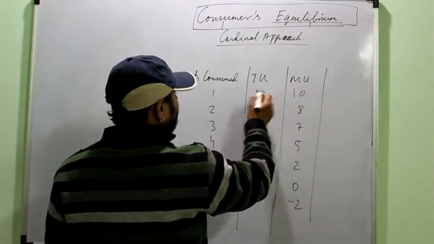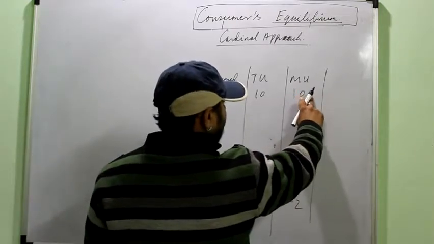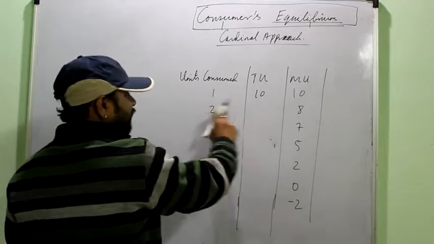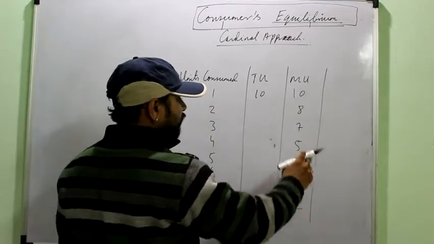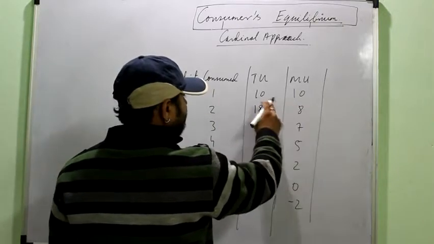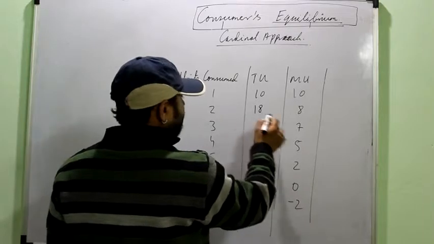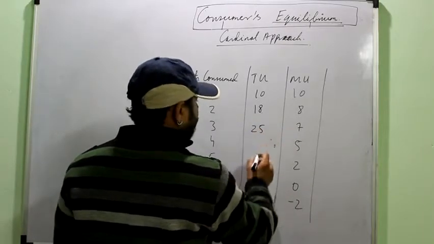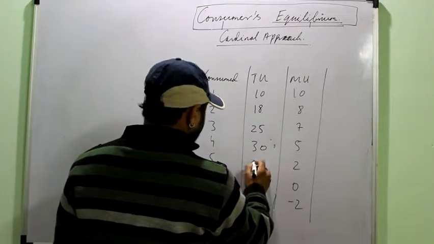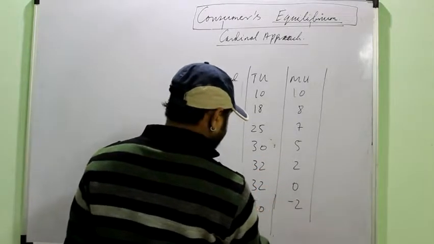Right now, it simply shows that when I consume 1 unit, I get the total utility of 10 utils. From the second unit, I get 8 utils and so on. So total utility after consuming both the units is equal to 10 plus 8, that is 18 utils. After consuming the third one, it's equal to 25 utils, then 30, 32, 32 and 30.